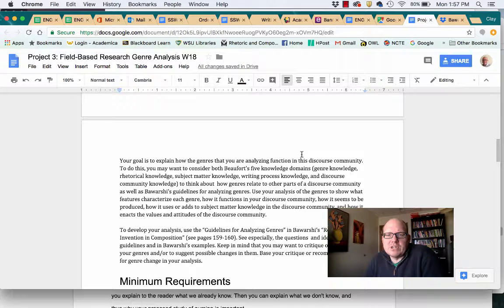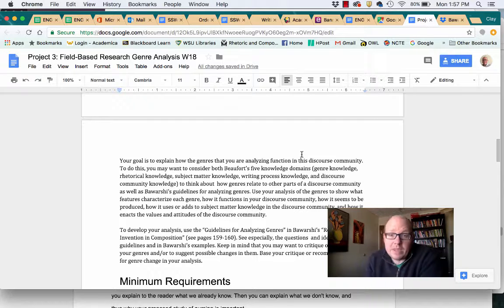Use your analysis of the genres to show what features characterize each genre, how it functions in your discourse community, how it seems to be produced, how it uses or adds to subject matter knowledge in the discourse community, and how it enacts the values and attitudes of the discourse community.